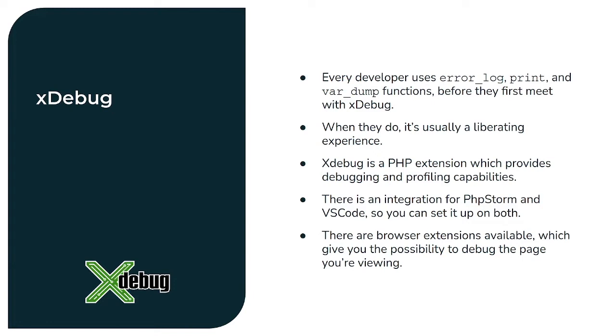Of course, usually then forgotten, and they go directly to production. But when developers hear about Xdebug and start using it, it's usually a very good experience. It's like, where was this before?